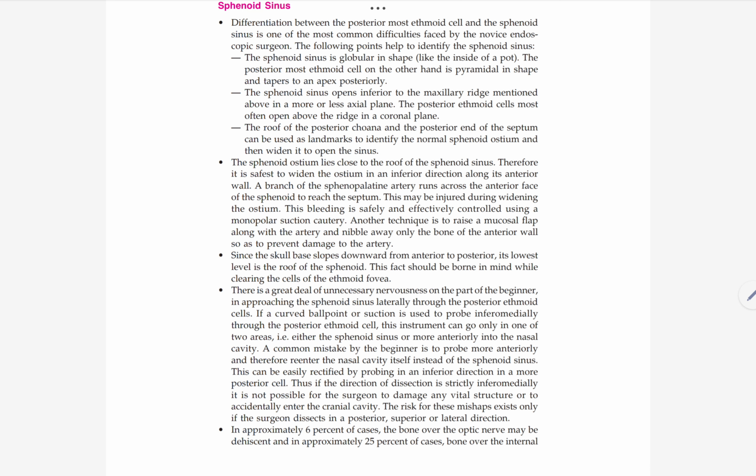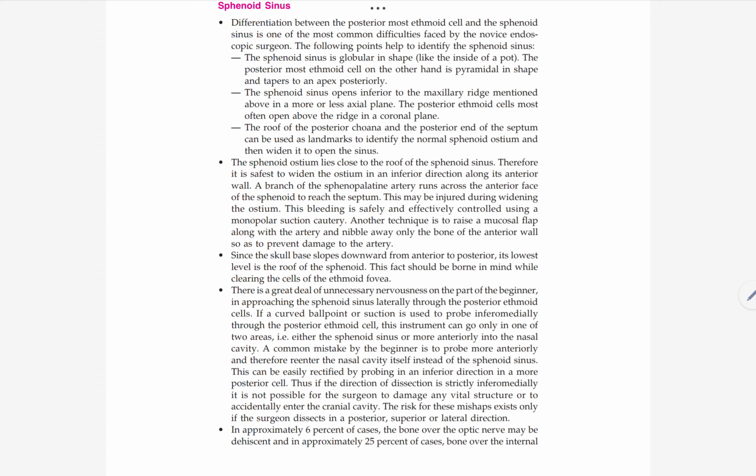Thus, if the direction of dissection is strictly inferior medially, it is not possible for the surgeon to damage any vital structure or to accidentally enter the cranial cavity. The risk for these mishaps exists only if the surgeon dissects in a posterior or superior or lateral direction.